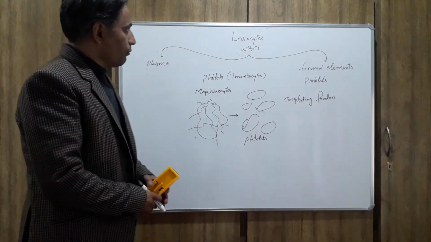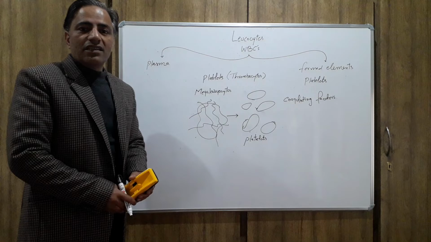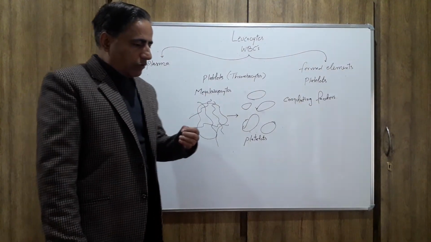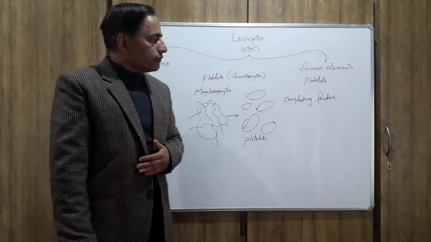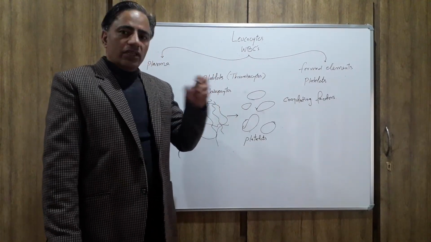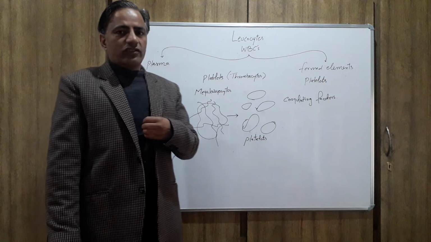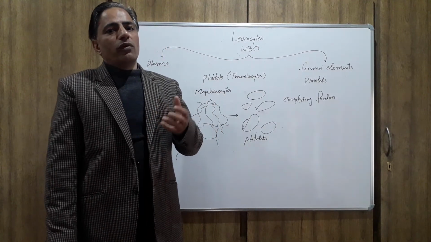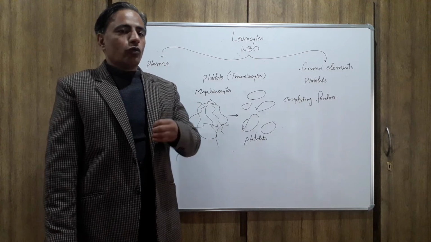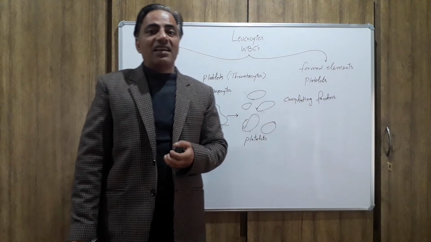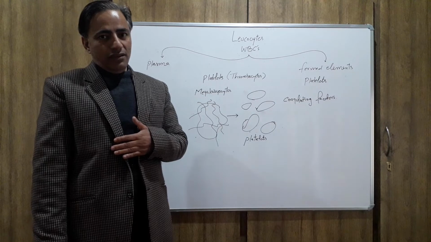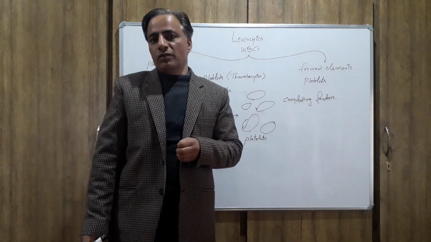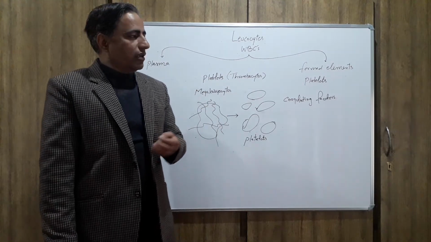So in a nutshell, we have discussed the blood cells. Dear students, we have discussed so far that the body requires certain nutrients, oxygen and other essential substances, because the fundamental unit of living organisms is the cell.